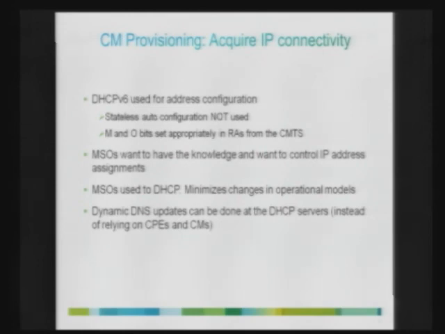And O is the other configuration information, which is, if you do stateless address auto configuration, how would you collect the other configuration information, such as the list of name servers, domain name, etc. So the M and O bits are set in such a way that stateful DHCP-V6 is what will be done by the cable modem to acquire an IPv6 address, because the bottom line is MSOs want to have full knowledge of which IP address is assigned to what modem.